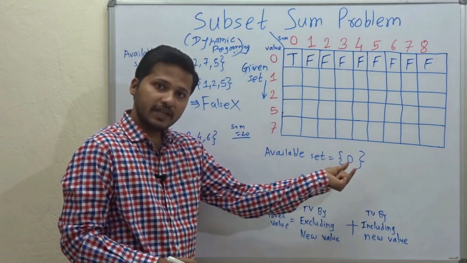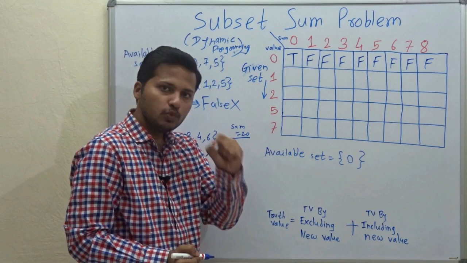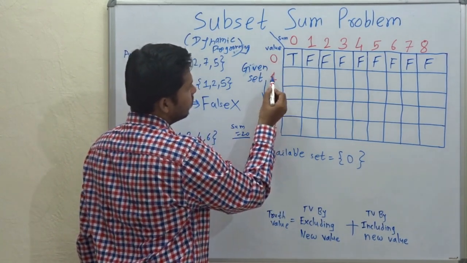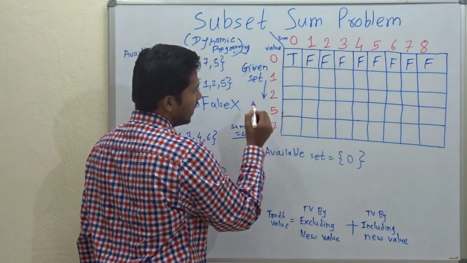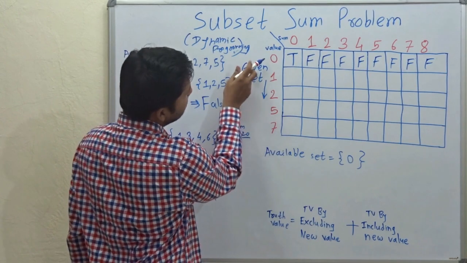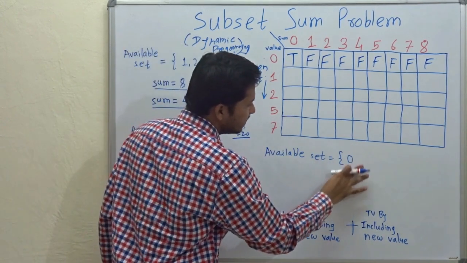In our set only 0 was there. Now we move to the second row. And the value is 1. This means these two values, that is 0 and 1, are available in our set.